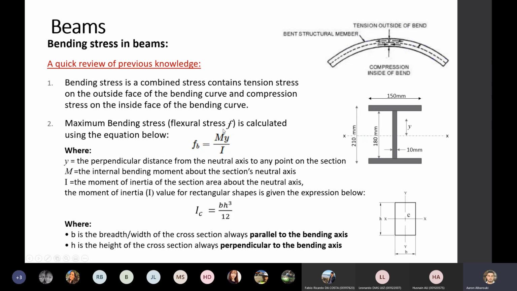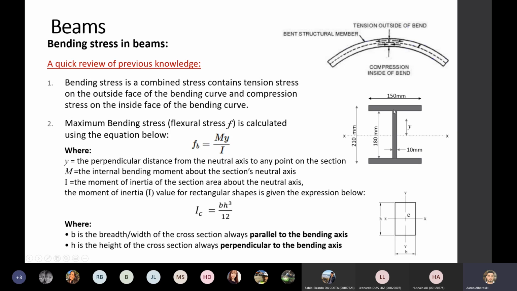So as a general rule for the bending stress, if I need to calculate the bending stress for any spot or particles of steel, for example, for the steel beam, any particles of steel within this cross section, I can apply this formula and look at the distance between this particle and the neutral axis, which is the value y here.